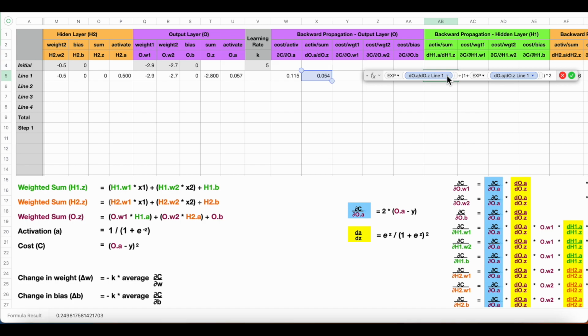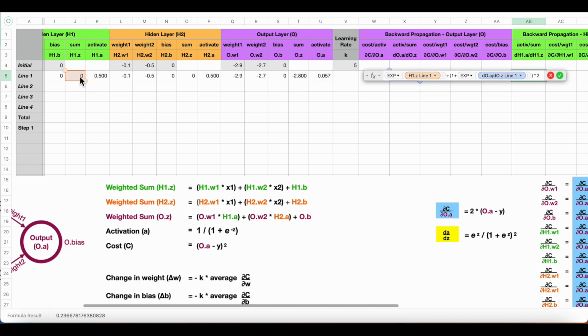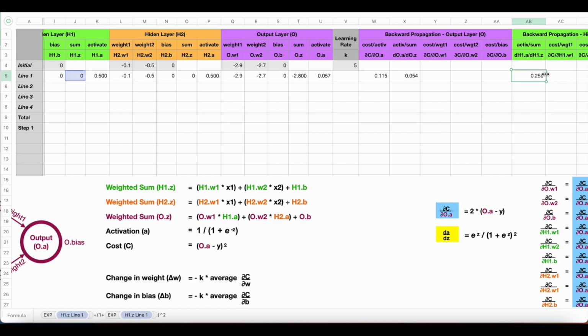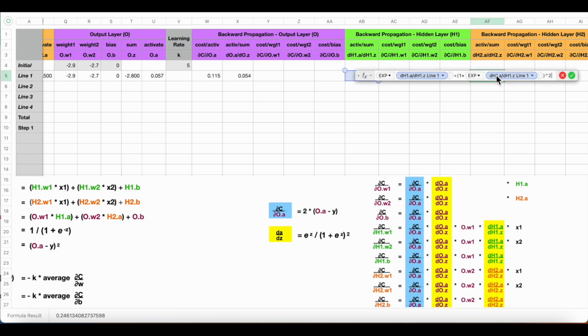So over with the derivative of h1a with respect to h1z, I want this to be h1z. And in this case, I want the derivative to be with respect to h2z.